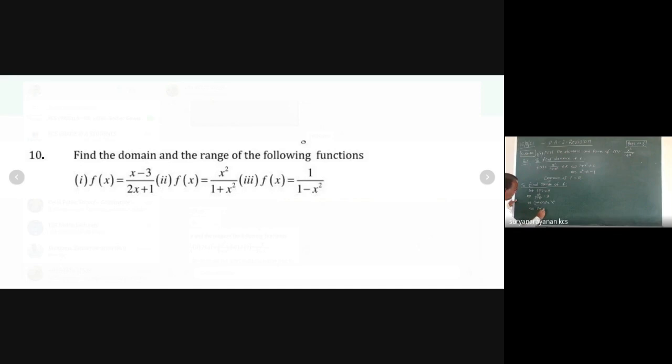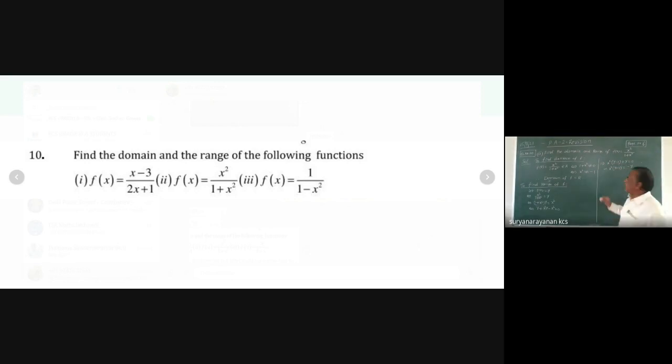y plus x square y minus x square is equal to 0. This implies, taking x square common, x square into y minus 1 plus y is equal to 0. This implies x square into y minus 1 is equal to minus y.